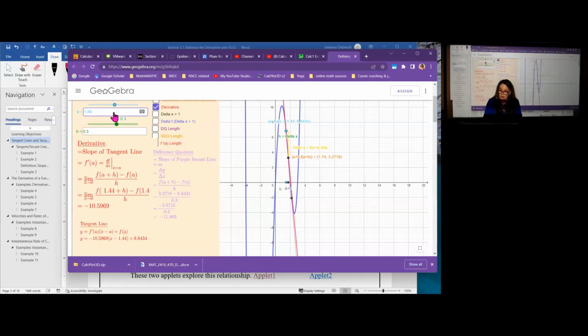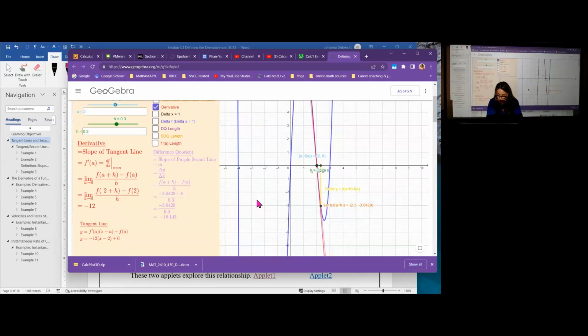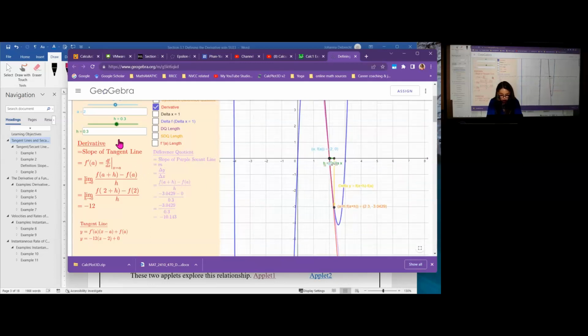Let's see if I can click in the box. A is now 2. What I want to do is scroll in on the graph a little bit. And I want to look at the secant value for values that are pretty far away. So I'm going to increase my H quite a bit.